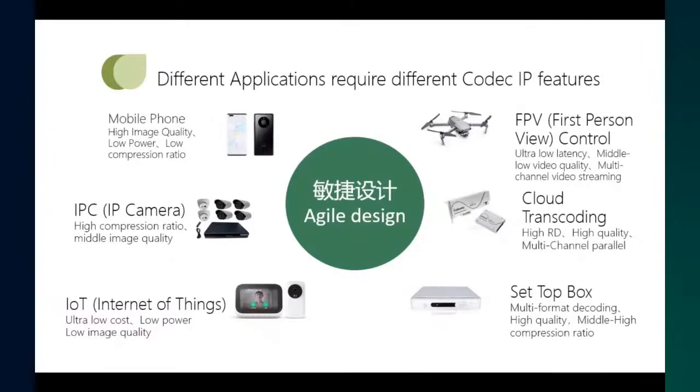For mobile phones, it needs very high image quality, but the power should be very low, and the compression ratio can be low. And for the IPC, IP camera, because it is used for civilian systems, the compression ratio should be very high, and the image quality should be middle.